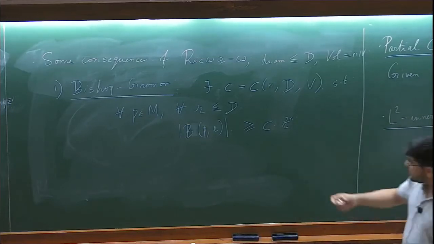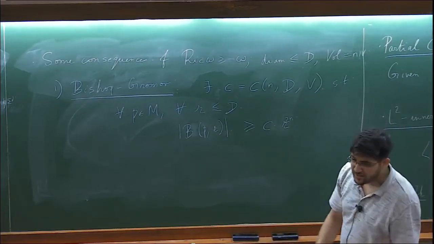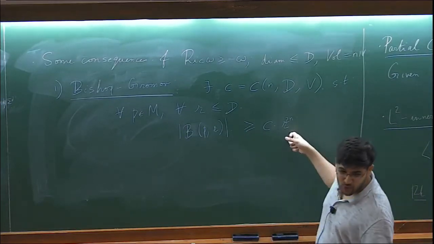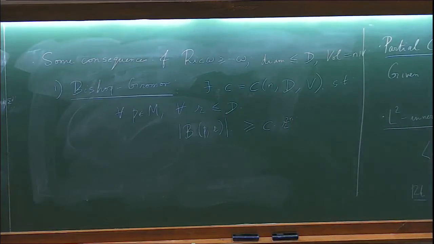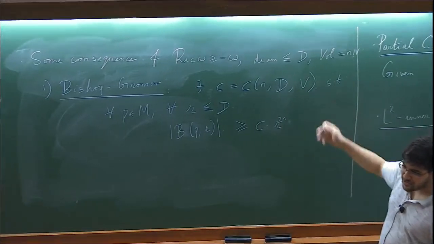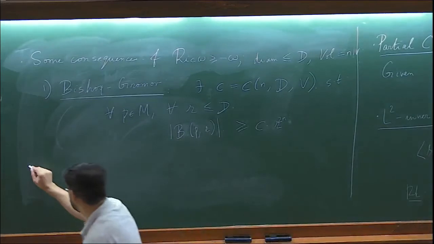Okay, so the volume of small balls isn't too small, right? They're at least as big as the Euclidean volume up to a certain factor. Of course this 2n is because n is the complex dimension, and so the real dimension is 2n, right? So this is one very geometric consequence.